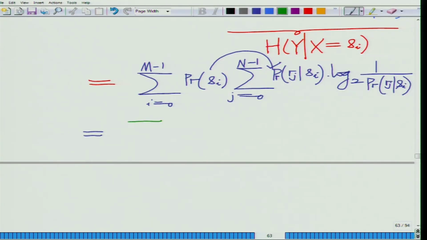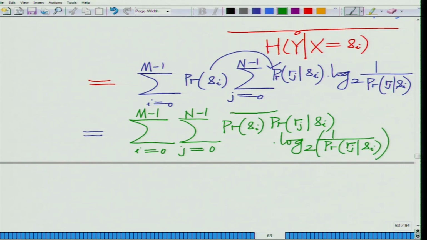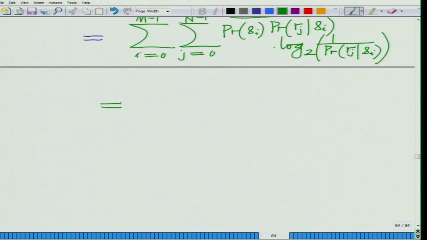So, this will be summation i equal to 0 to m minus 1, summation j equal to 0 to n minus 1, probability of Si into probability y equal to Rj given x equal to Si times log 1 by probability Rj given Si, and now this quantity is basically probability of Si comma Rj, that is x equal to Si and y equal to Rj.